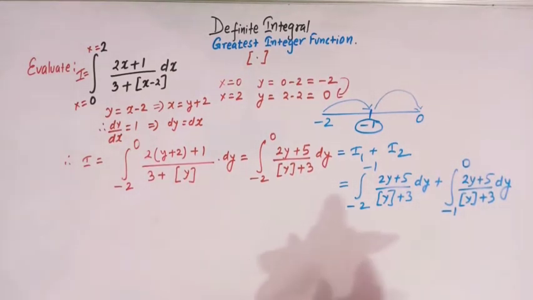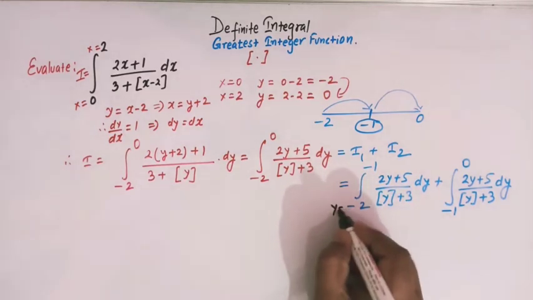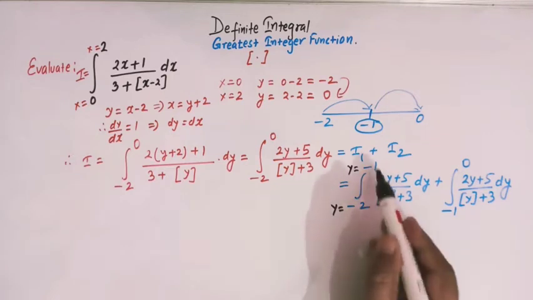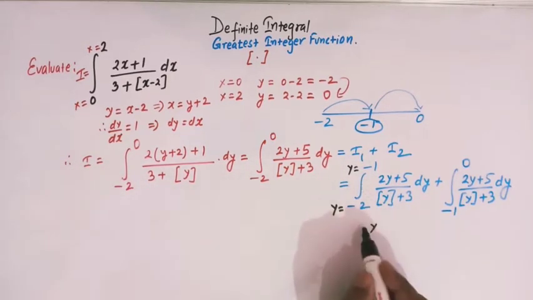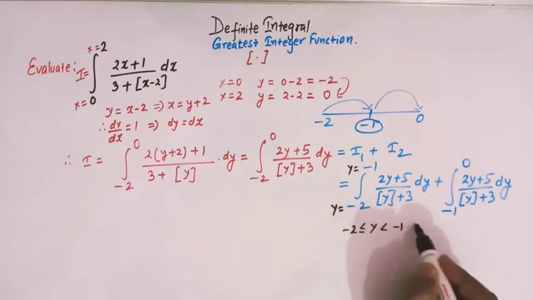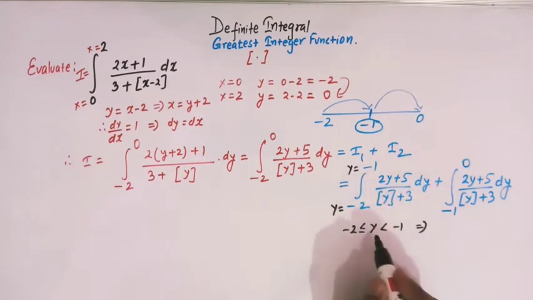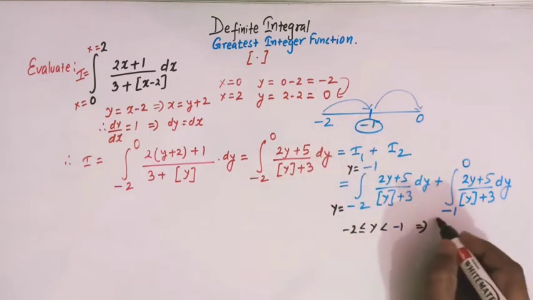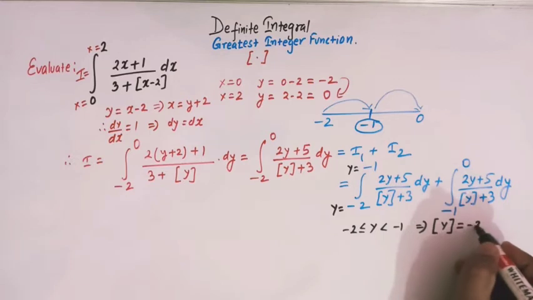Let us first take the integral I1, where y varies from minus 2 to minus 1. So y lies between minus 2 and minus 1. By the definition of the greatest integer function, when y lies between minus 2 and minus 1, the greatest integer of y is equal to minus 2.